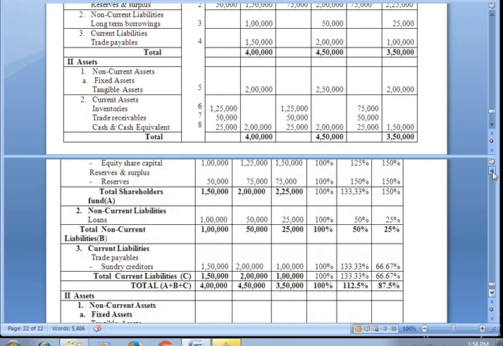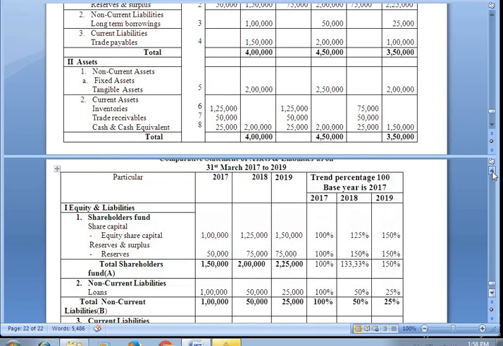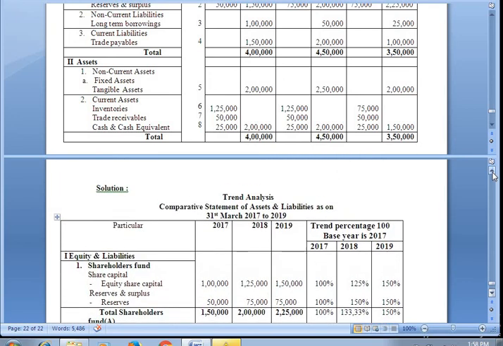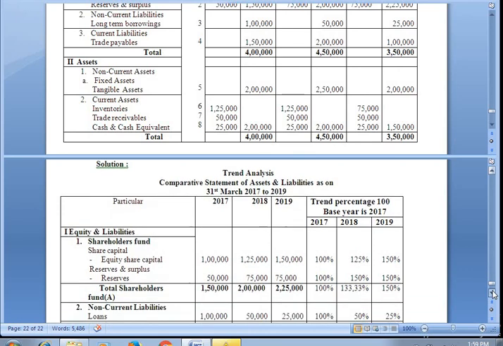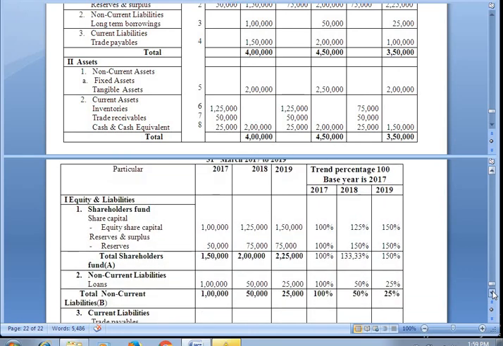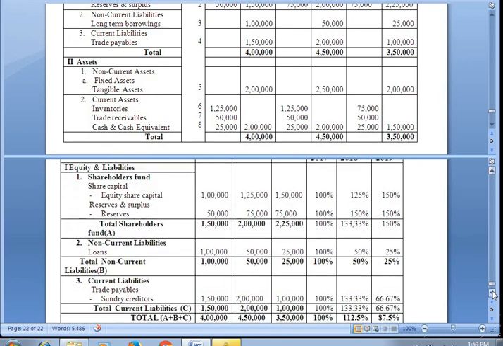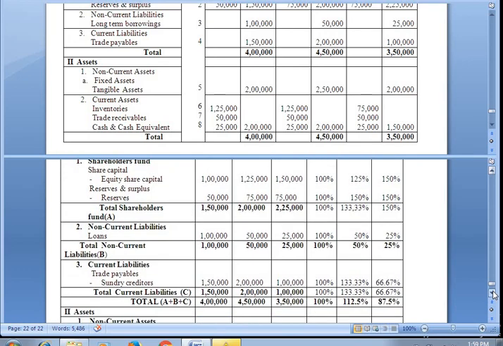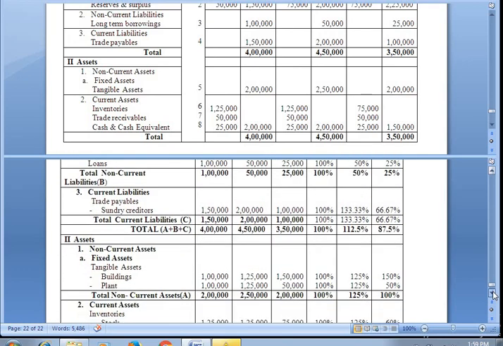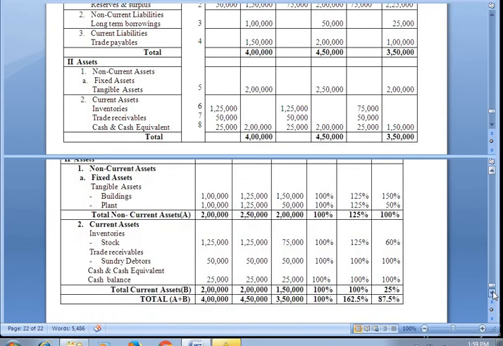Okay, so here we conclude our second unit, that is financial analysis and interpretation. So this is the solution, the asset side and the liability side. Okay, and this is the asset side.